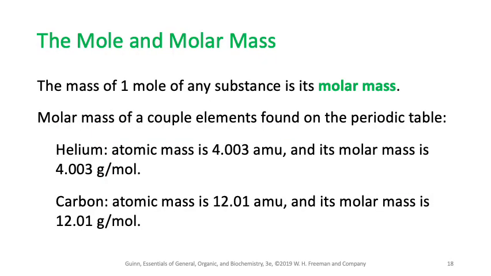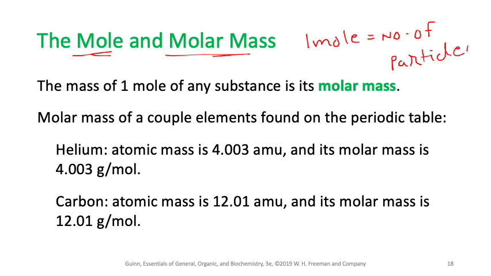So now we're going to talk about the mole and the molar mass. Till now, what we discussed is how moles are connected to the number of particles, which is Avogadro's number. But the mole is also connected to the molar mass of the compound or of any element.